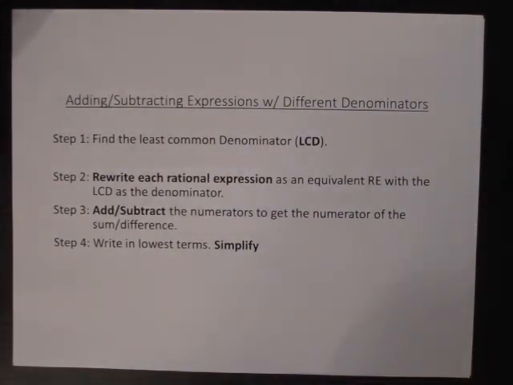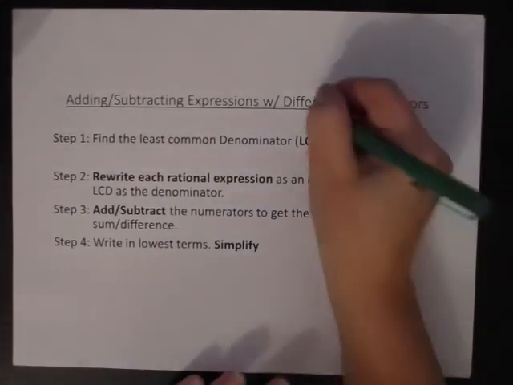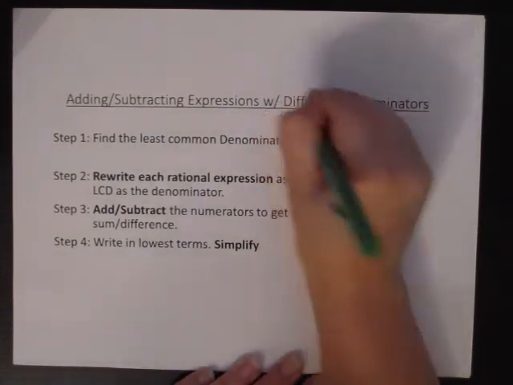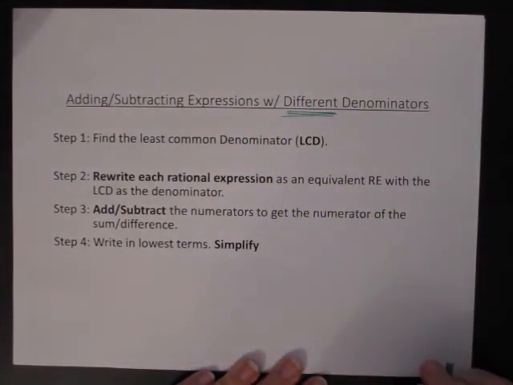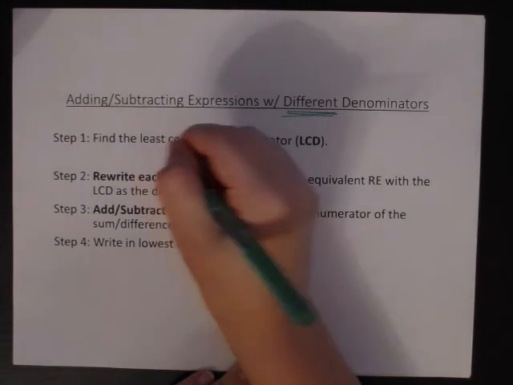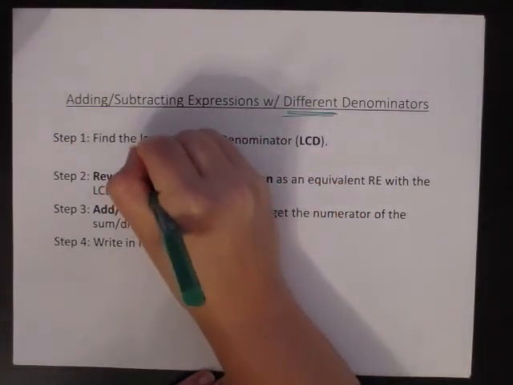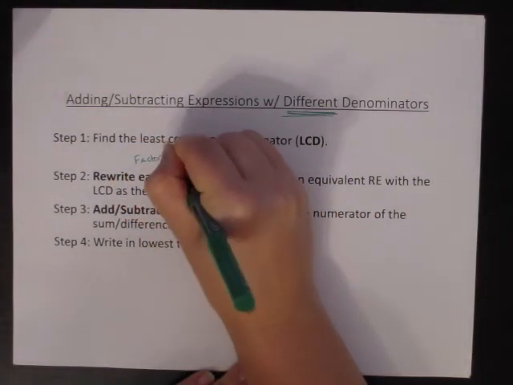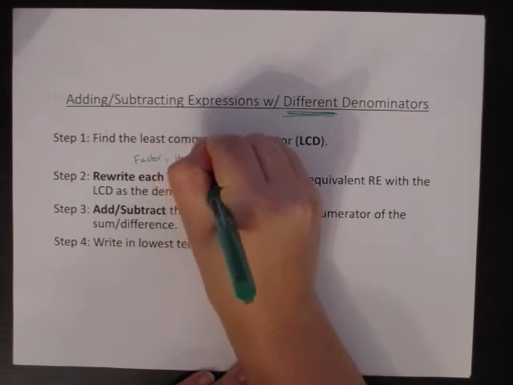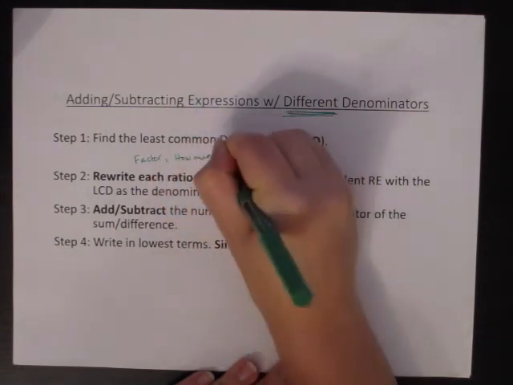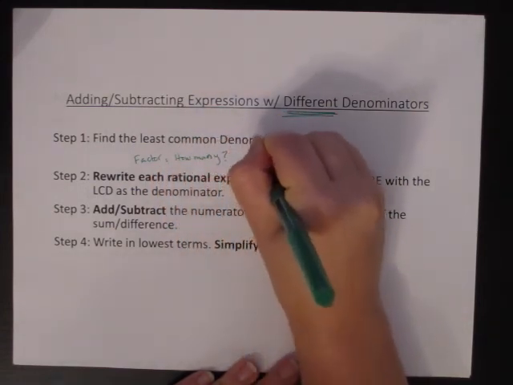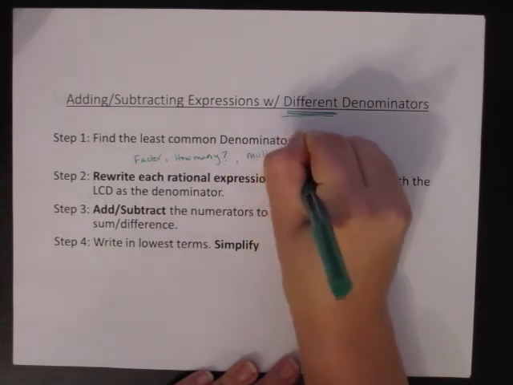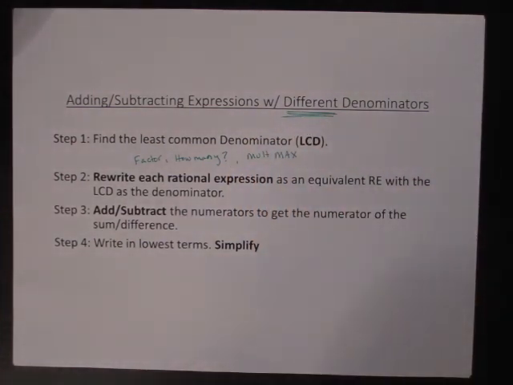Now, when you add or subtract expressions with different denominators, the first thing you have to do is find your least common denominator, your LCD. How you do that, remember, is you factor, then you ask how many, and then you multiply the max. You're going to rewrite each rational expression as an equivalent rational expression with the LCD in the denominator.